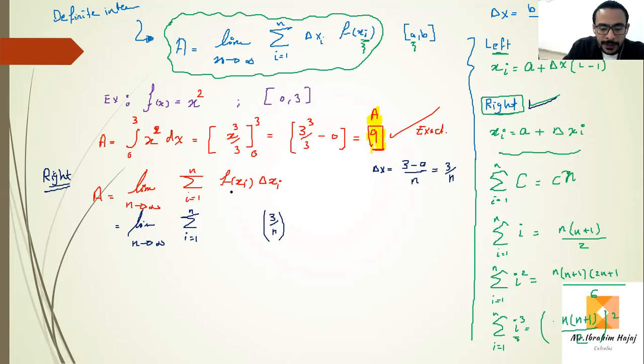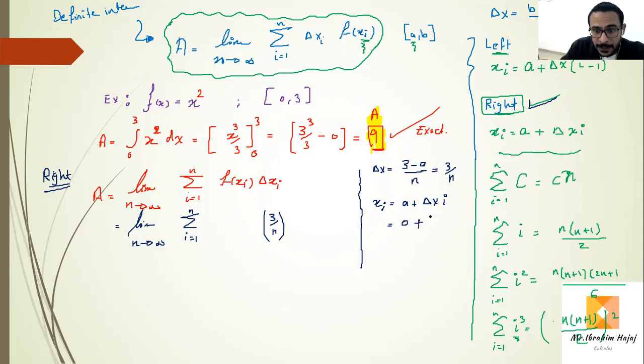Now f of xi. Let's go to the right again and calculate the x i for the right: x sub i equals a plus delta x times i. What is a? The a is 0, right?